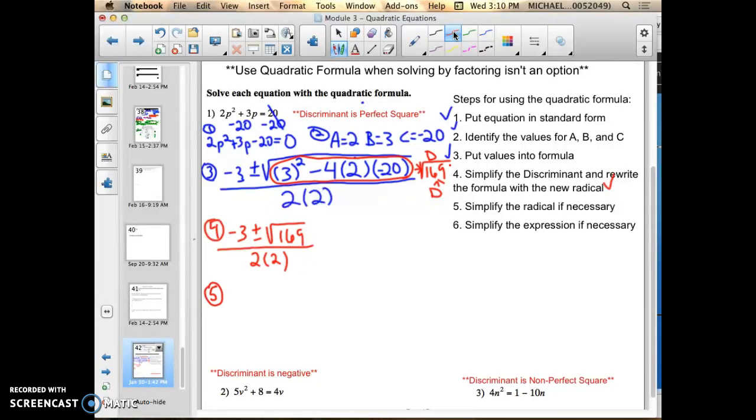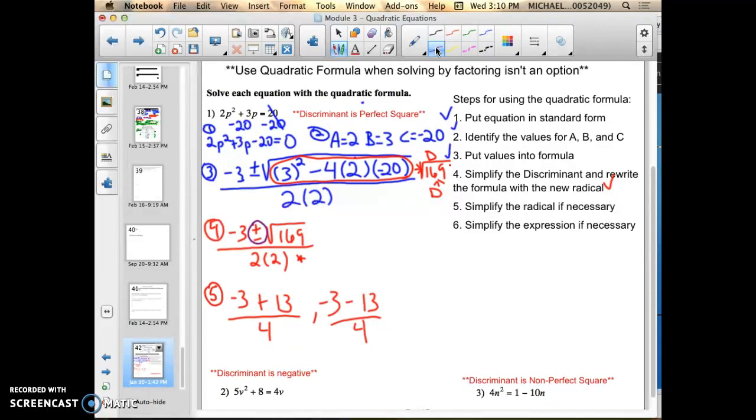So now I have negative 3 plus, and I want you to write it like this always, all right? So negative 3 plus 13 over, let's do this math now. 2 times 2 is 4. And then negative 3 minus 13 over 4. I want you to separate it. All I did there in that place was I separated the plus and minus.